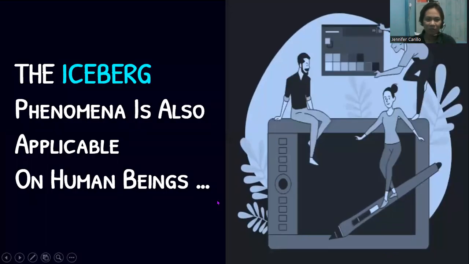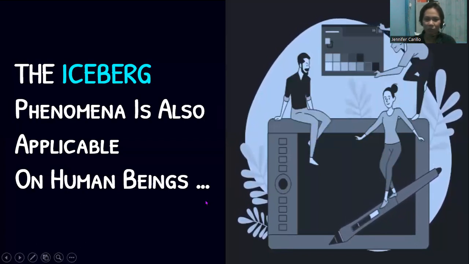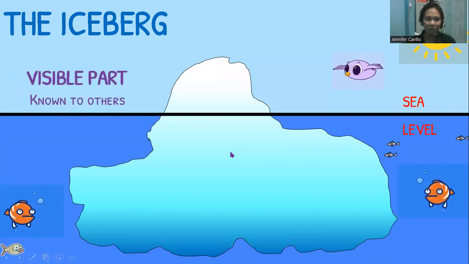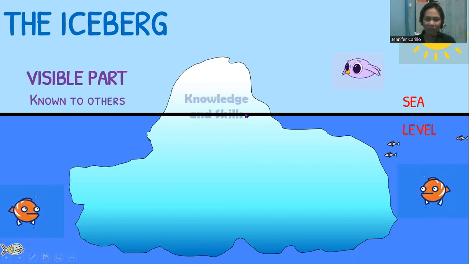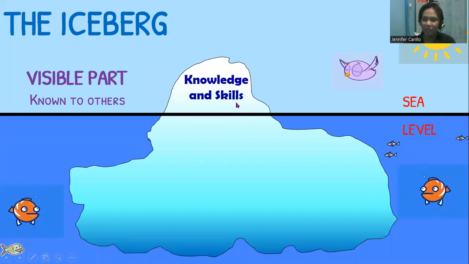So this phenomenon, the iceberg phenomenon, is also applicable to human beings. The visible part, or what is known to others, are the knowledge and skills. This is just the 10% of what we demonstrate or show to people.